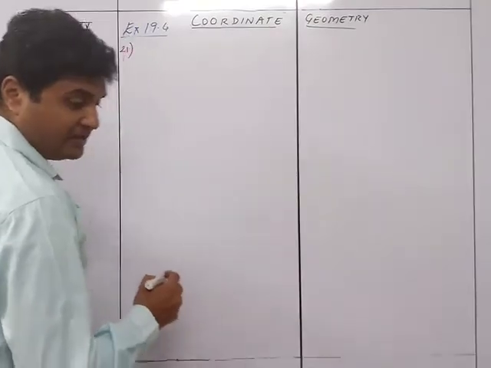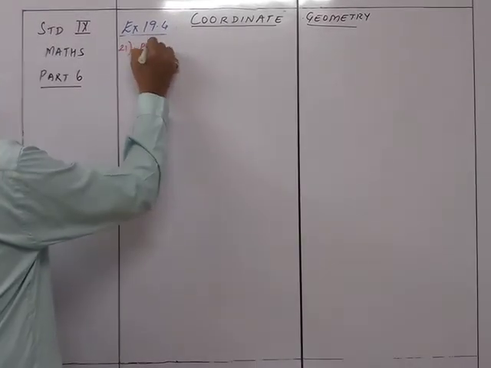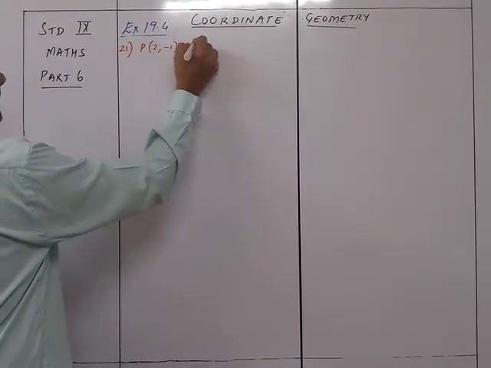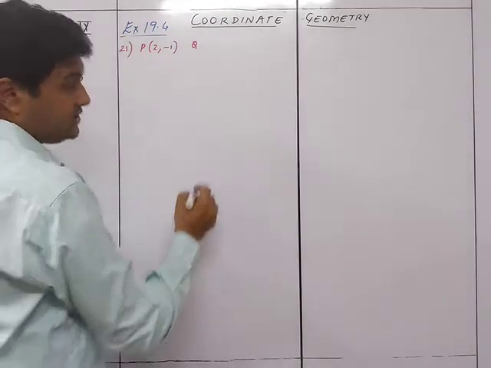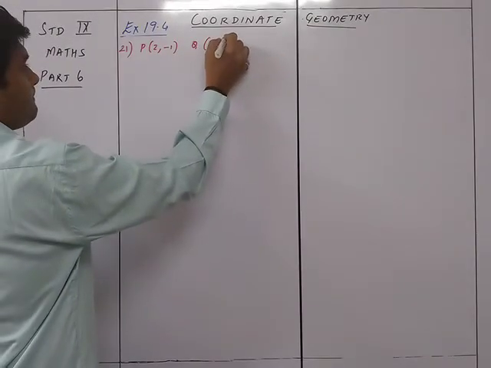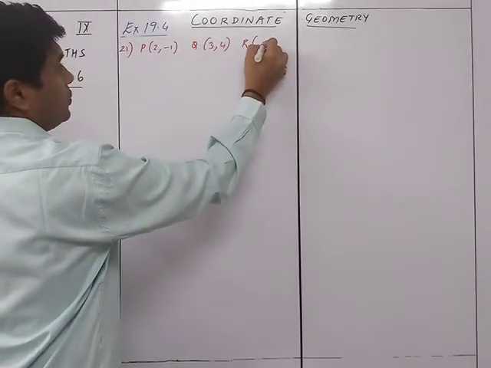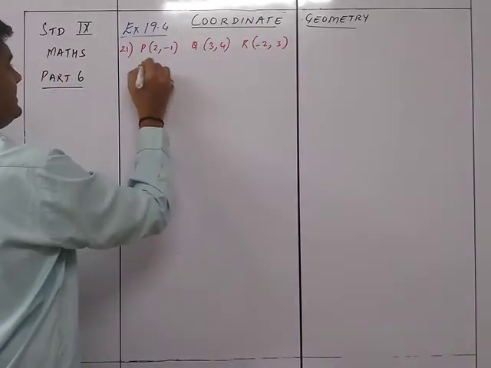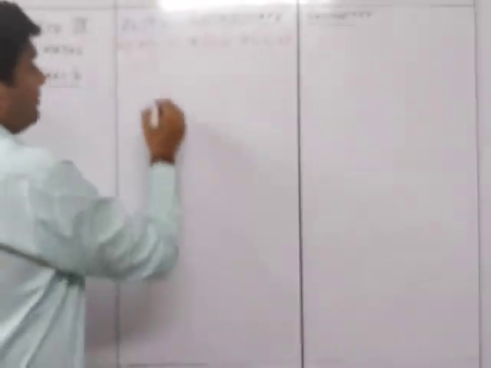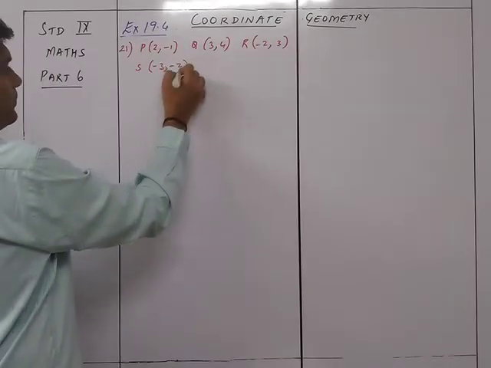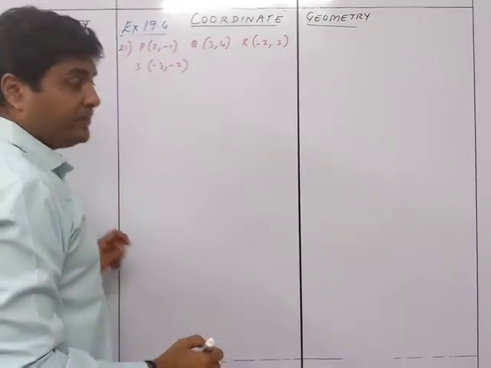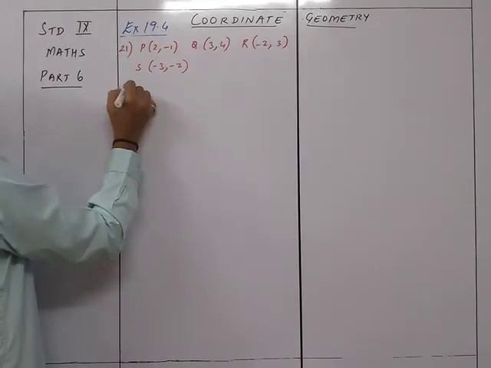So P is given as (2, -1). Q is (3, 4). R is (-2, 3). And S is (-3, -2). So let's find out all the different sides. First is PQ.